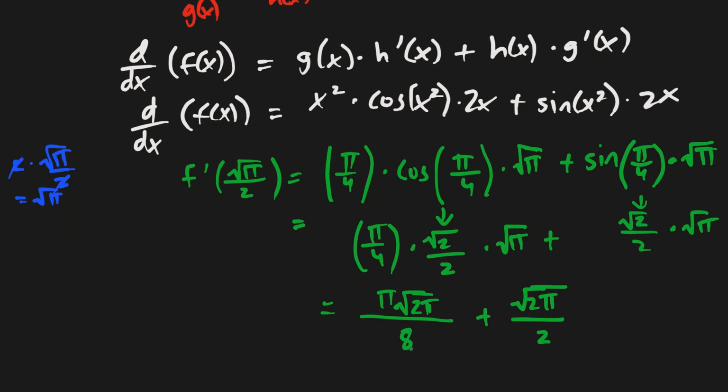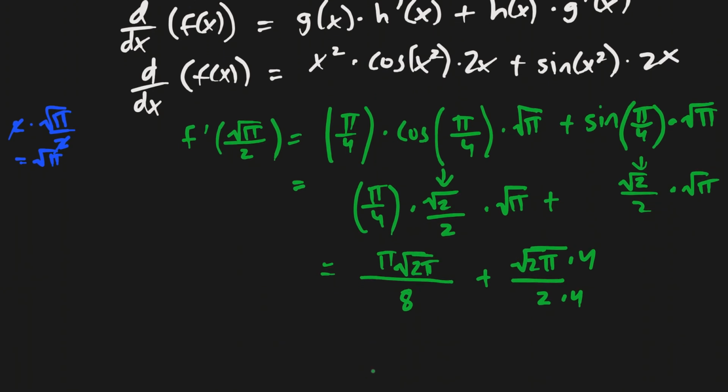What I'll do now is get a common denominator, so I'll multiply this by 4 and this by 4. And so this becomes, and let me scroll down a little bit more, pi times the square root of 2 pi over 8 plus 4 times the square root of 2 pi over 8.